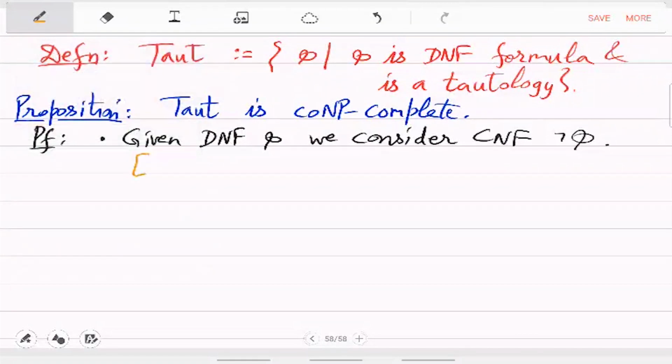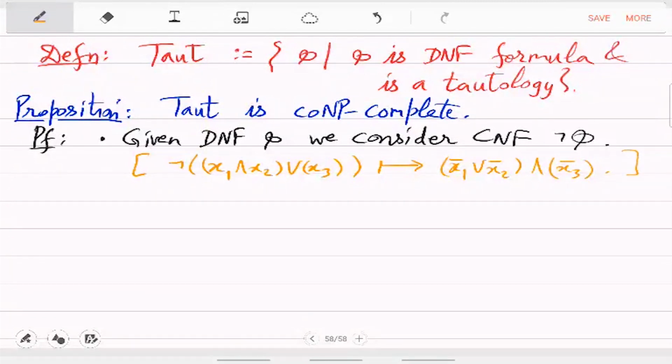So DNF, if you have, let's say, x1 and x2 or x3, when you take the negation of this DNF, what do you get? You get x1 complement or x2 complement and x3 complement.